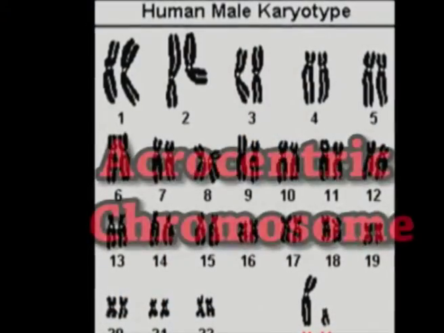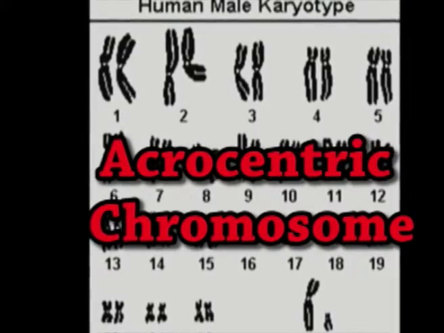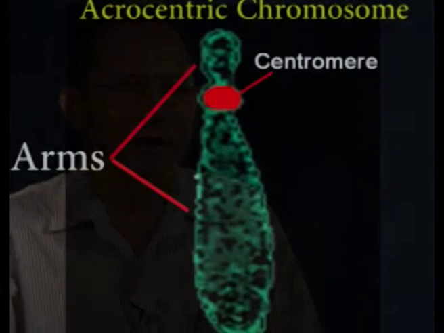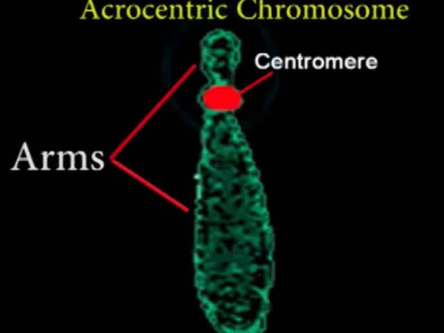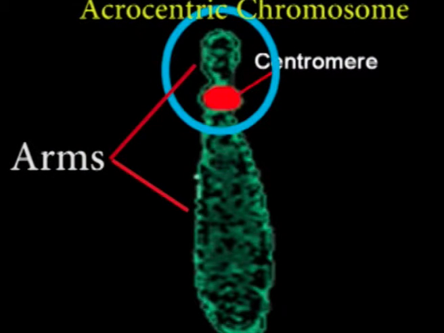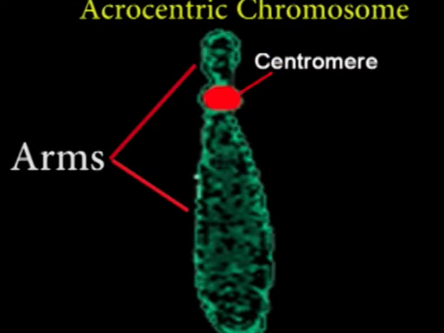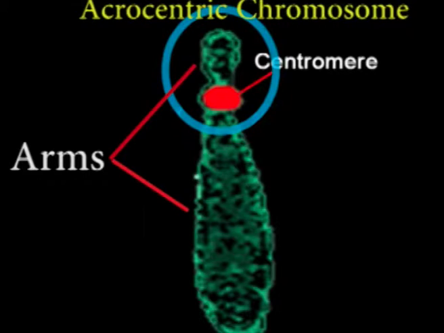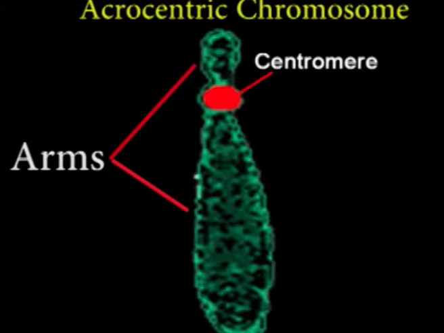Now, let us come to the third type of chromosome, that is acrocentric chromosome. Here, in acrocentric chromosome, centromere is close to one end of the chromosome. As such, one arm is substantially smaller than the other. And the ratio ranges from 3:1 to 10:1.